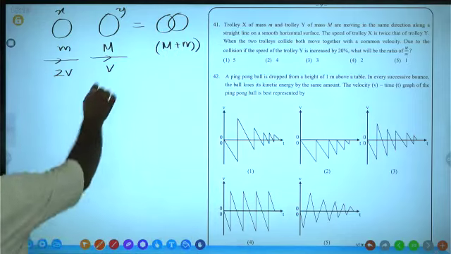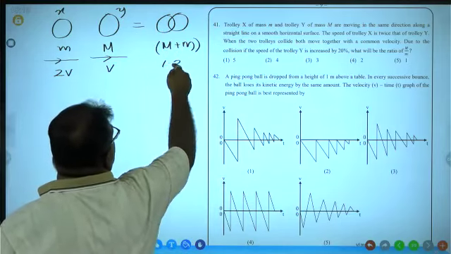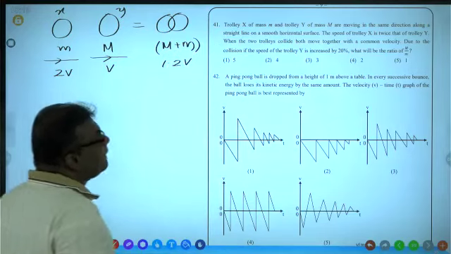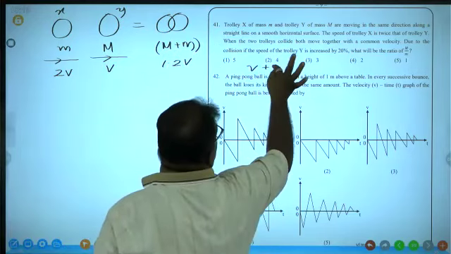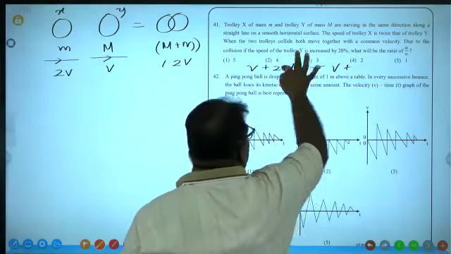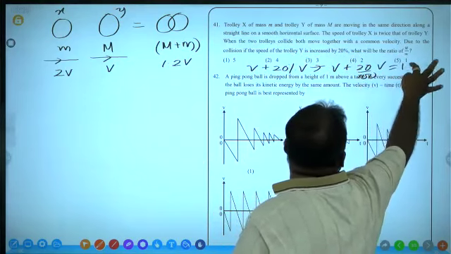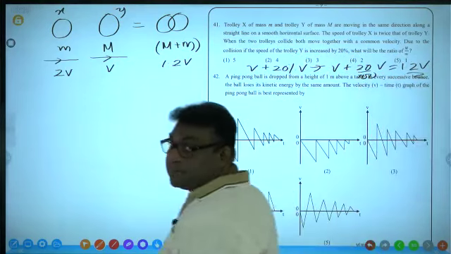Y is this one. Its velocity becomes 1.2v, right? Because it is v plus 20% of v, that is v plus 20 by 100 into v, which is 1.2v.